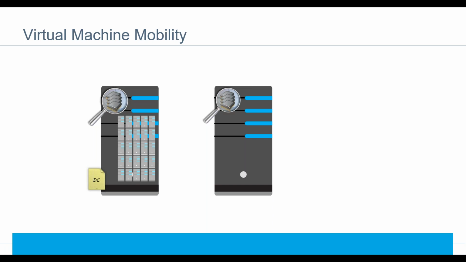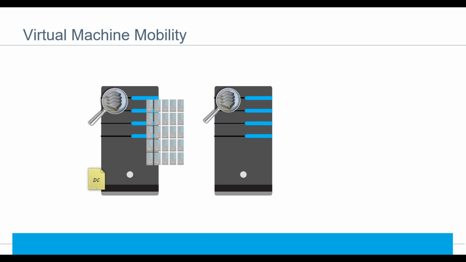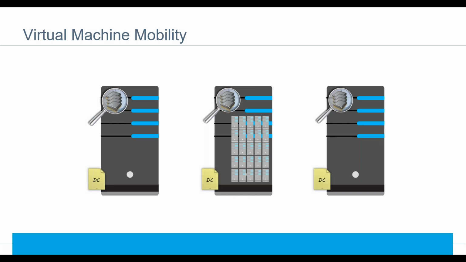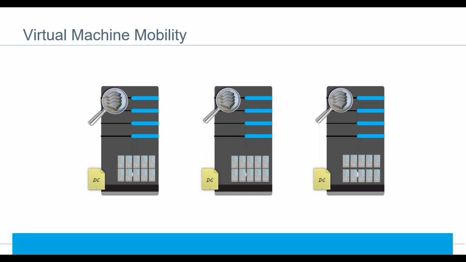If we had a second host within the cluster, and those virtual machines can move from host to host at any time, we would need to license that second host with Datacenter also. And again, if we have a third one within the cluster, we would again cover it with Datacenter, and this will allow virtual machines to move from host to host whenever required, with unlimited instances on any one of those 3 hosts.